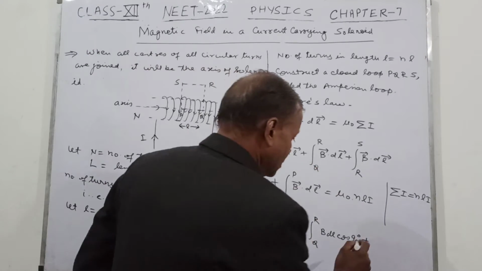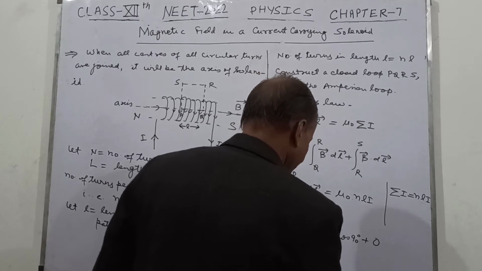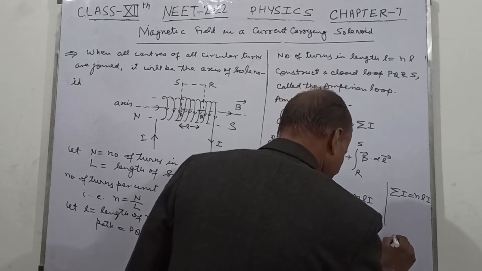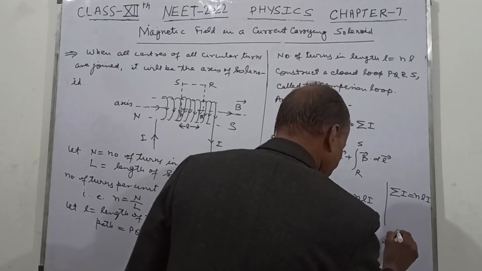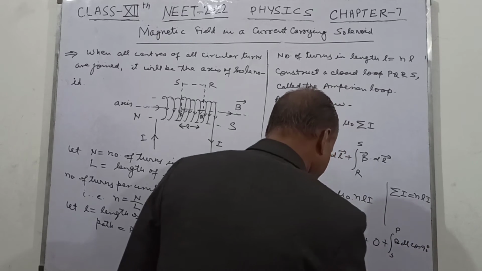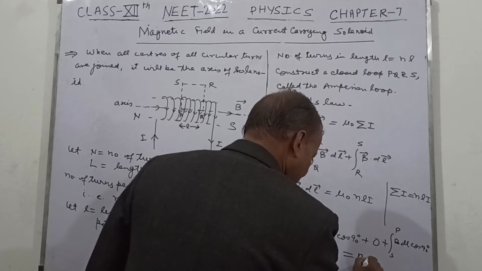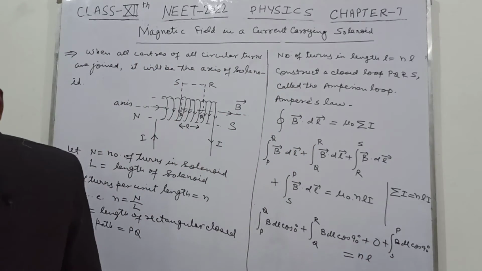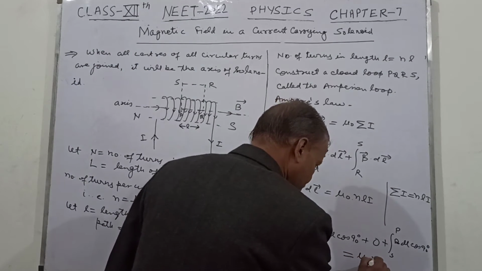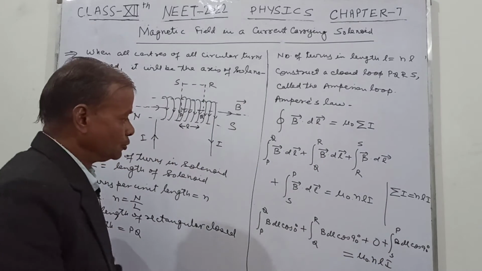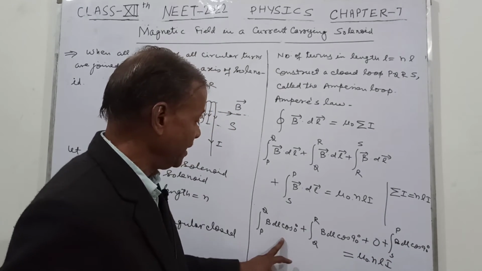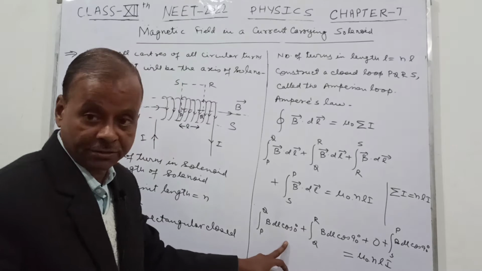So this integration becomes equal to 0, and then we are left with integration S to P, this is your B dl cos 90 degree, and this is equal to mu naught n l I. So this being 90 degree, cos 90 degree is equal to 0, and this is already 0. So we are left with the first integration.